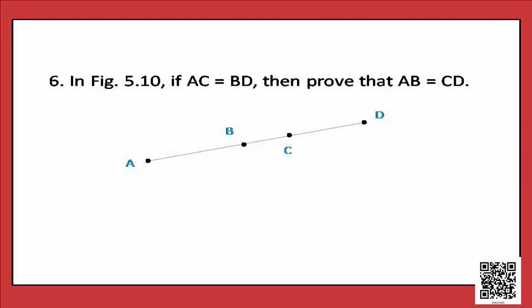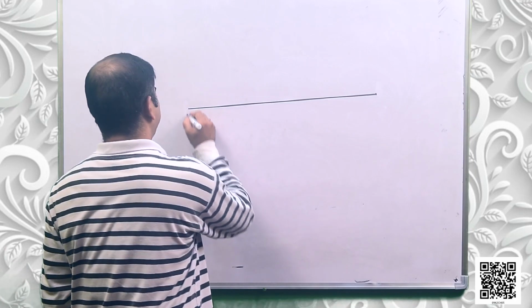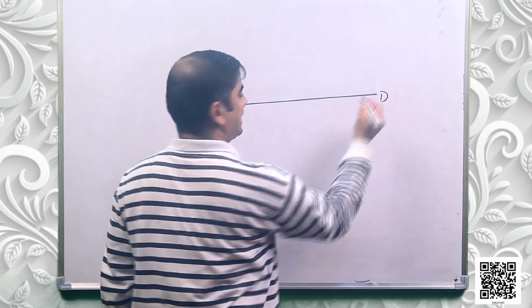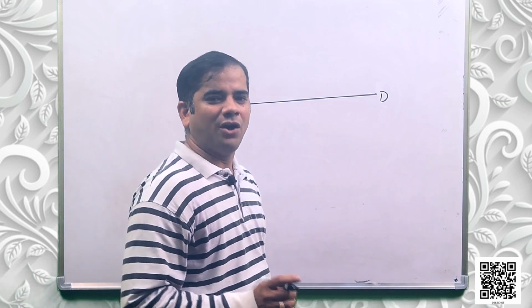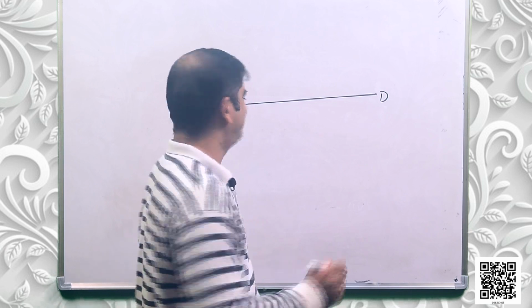Students, let us discuss question number 6. In figure 5.10, as per your book, if AC is equal to BD, then prove that AB is equal to CD. Let us draw the diagram first. There is a line segment AD. Two more points are there on line segment AD.